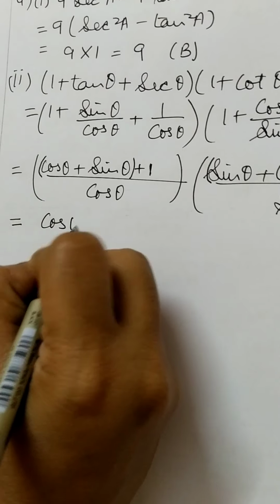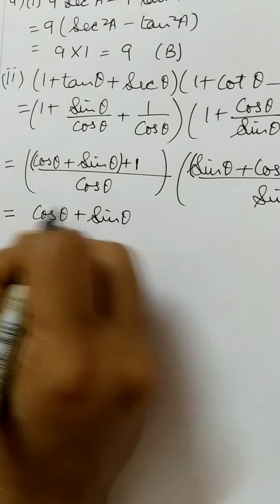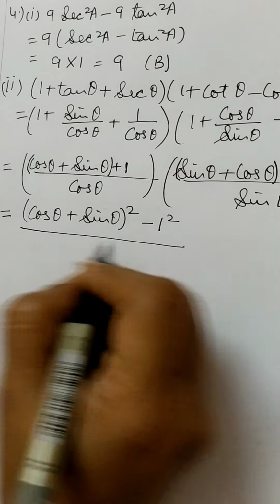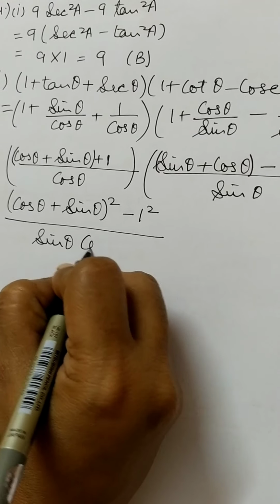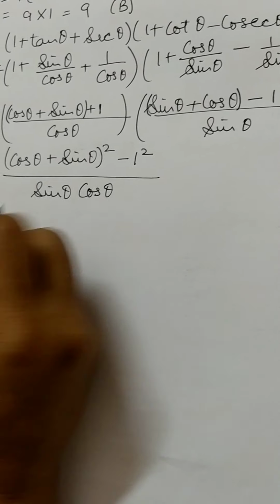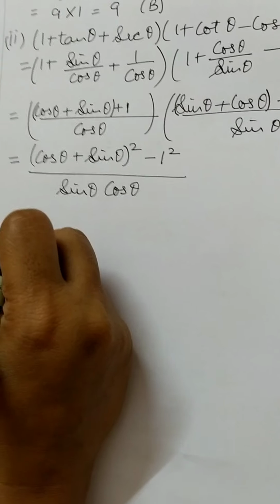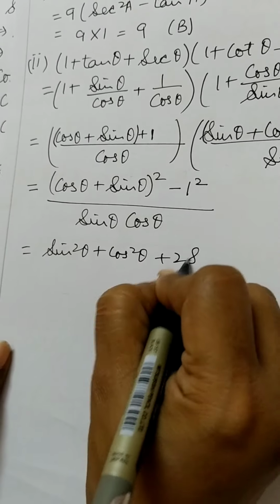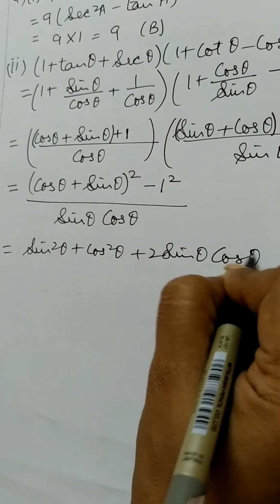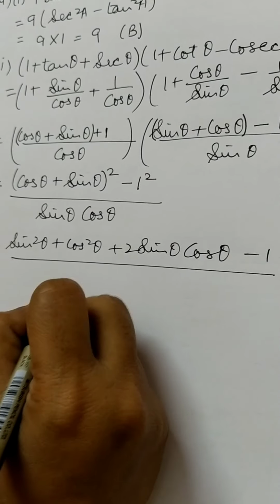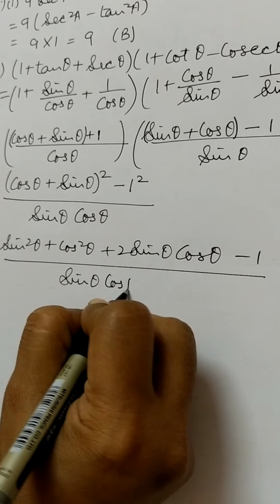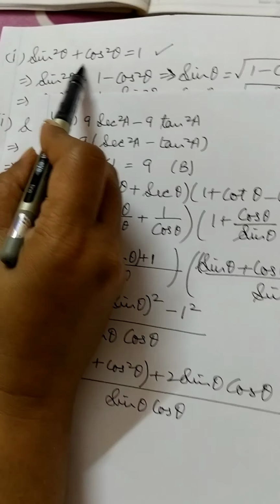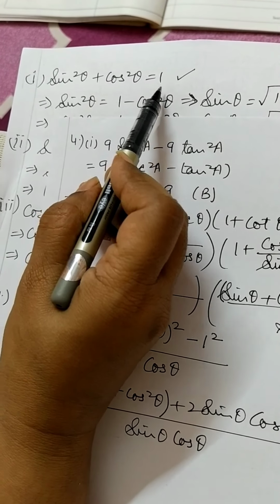So we can write it as cos theta plus sin theta, a square minus b square upon sin theta cos theta as it is. Now here we can use a plus b whole square and we will get sin square theta plus cos square theta plus 2 sin theta cos theta minus 1 upon sin theta cos theta. Now what was our first fundamental identity? See here, sin square theta plus cos square theta is 1.